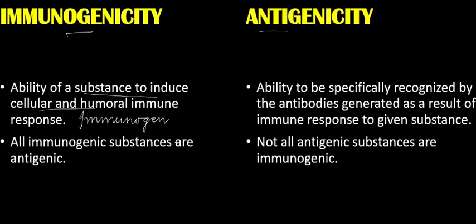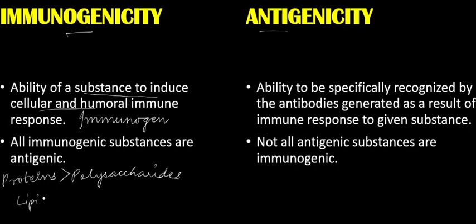Our body, or the biological system, recognizes bacteria, viruses, fungi, and all microbes as immunogens. The most potent immunogens are proteins, and then come polysaccharides, whereas lipids and nucleic acids are not considered important immunogens until they get complexed with proteins or polysaccharides.